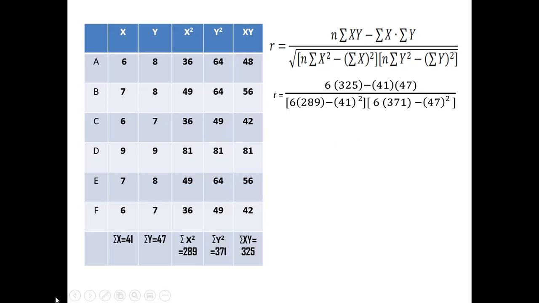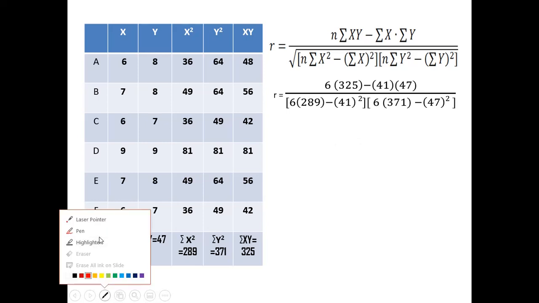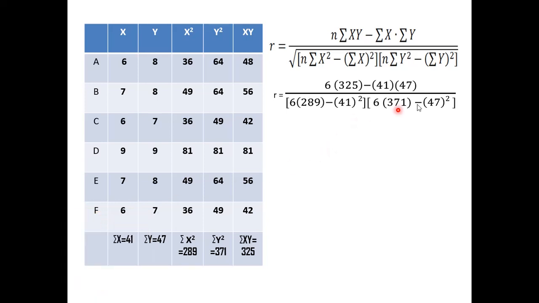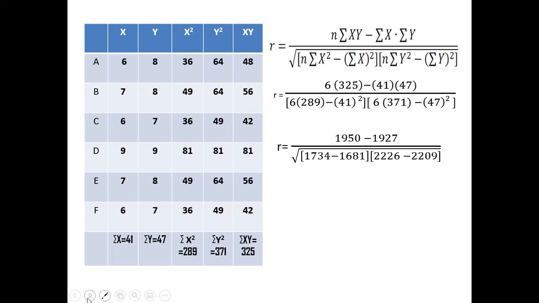And then, we are now going to simplify. So now, let's proceed. Let us compute now.